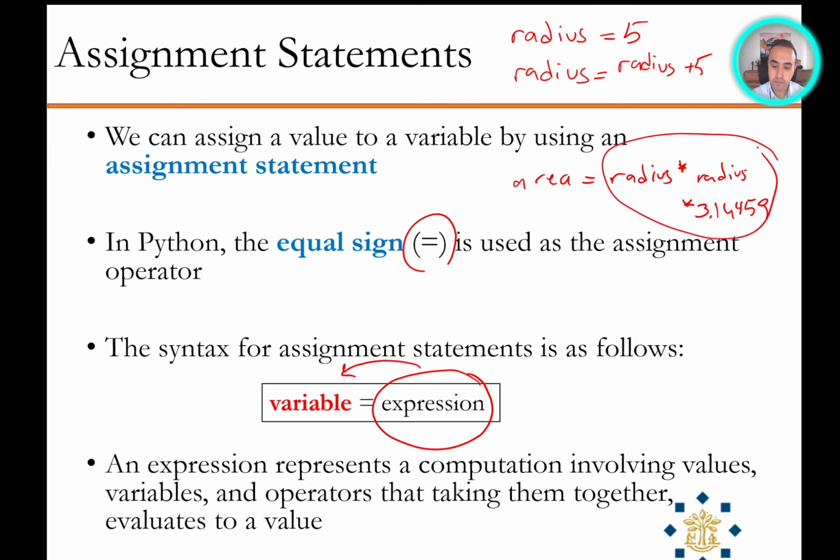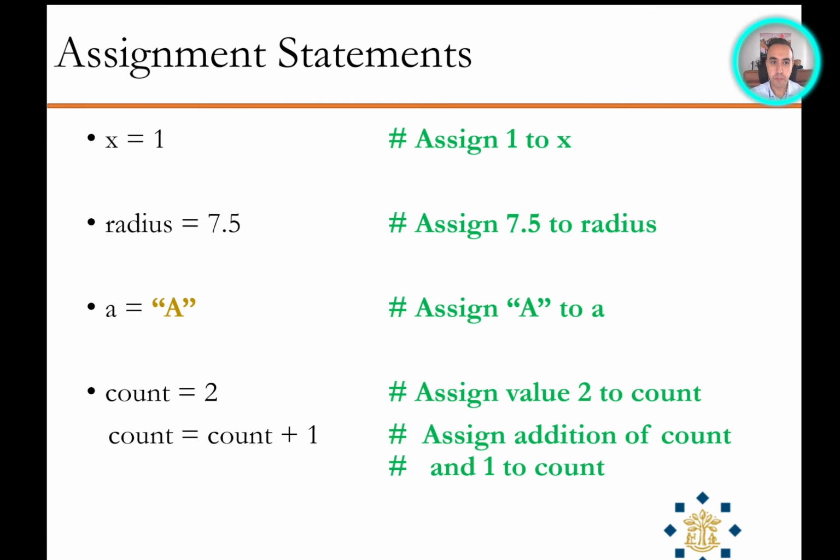So first, the right-hand side expression is calculated, and then it is assigned as the variable value. For instance, here we have 1 as a value, only a value expression. x is just a variable name. Now we assign 1 to x. Here again, 7.5 is assigned to radius. So we don't have to assign only numbers.